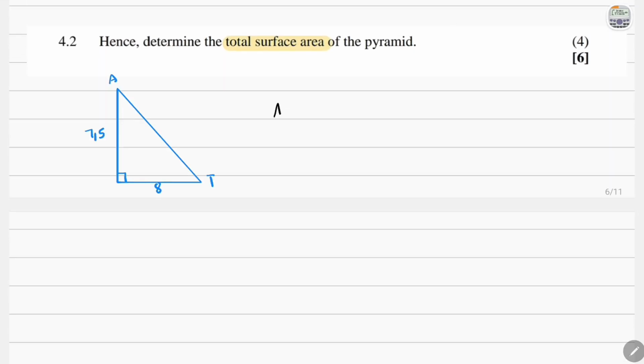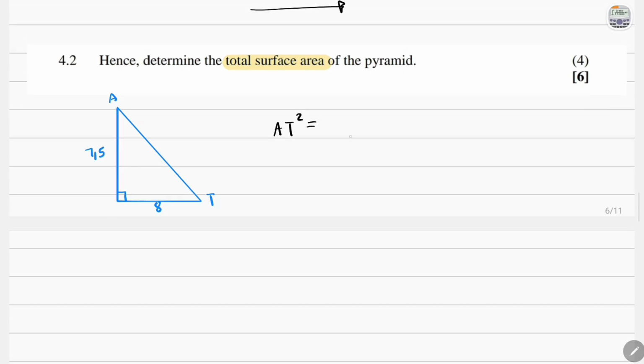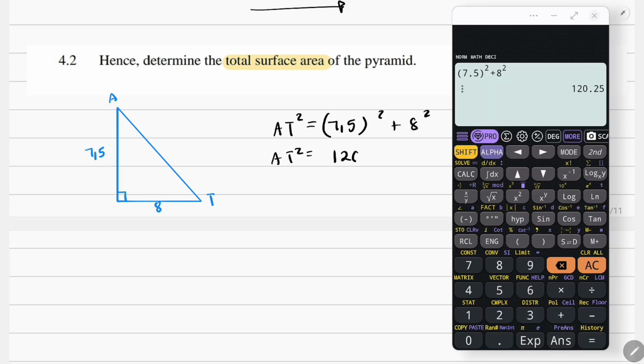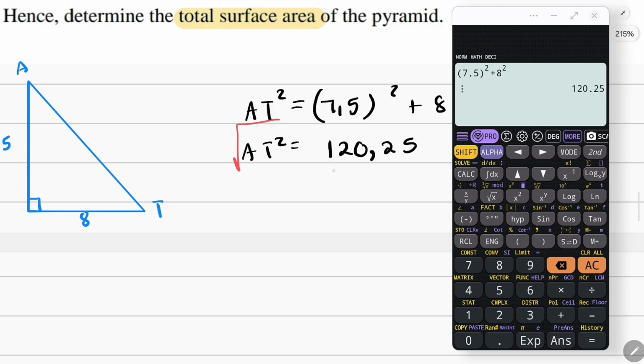We have our triangle, I'll just draw it down here. Okay, so to find AT, that slanted height, we'll say AT squared using Pythagoras is equal to 7.5 all squared plus 8 all squared. And AT squared equals, and let's just get that first, and that is 120.25. Then to find AT, we square root both hand sides.